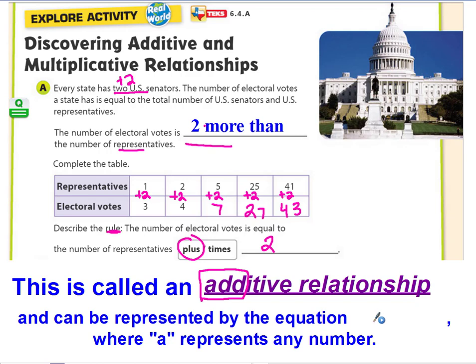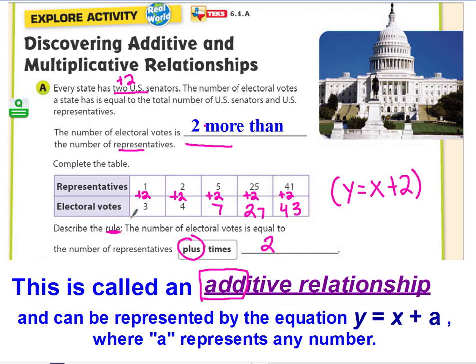And this is an example, like I said, of an additive relationship and can be represented by the equation y equals x plus a, where a represents any number. So if we take this equation and apply it to our rule, we would have y equals x plus 2, which is our rule for this table.